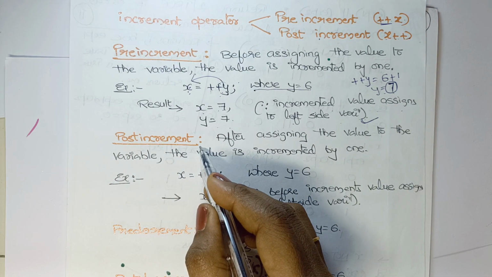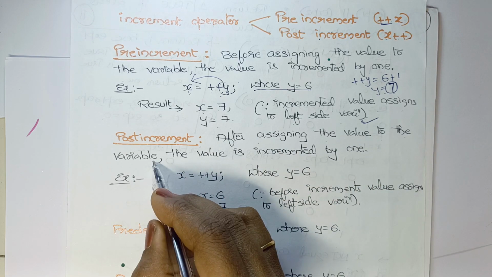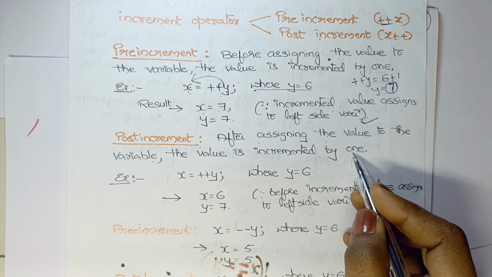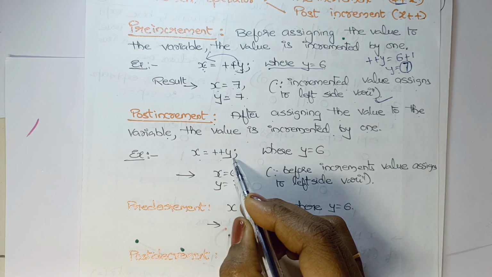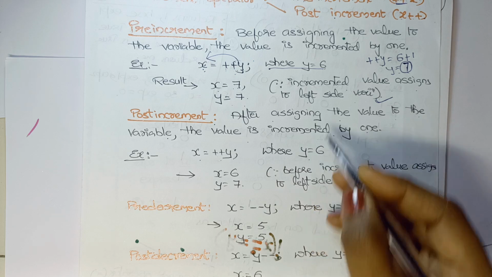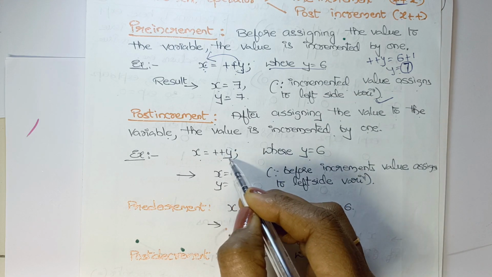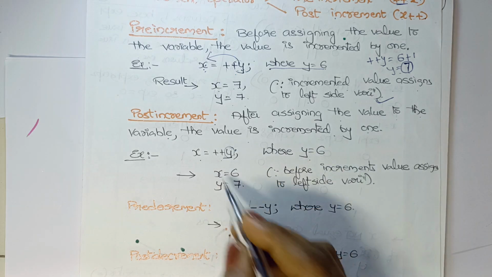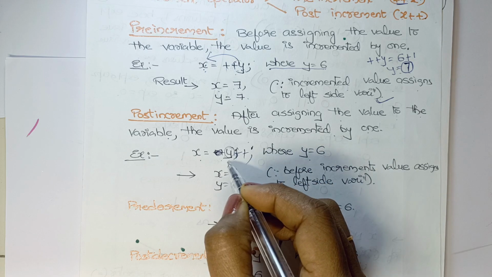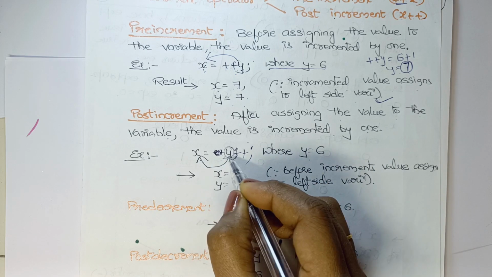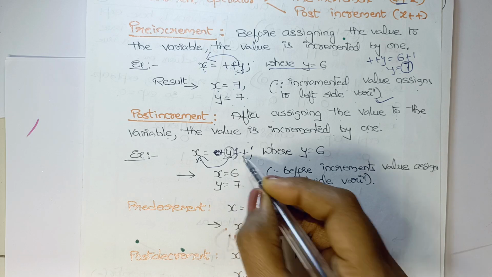Next, post-increment. Post means after assigning the value to the variable, the value is incremented by 1. For example, x is equal to y plus plus, where y is equal to 6. Same example I have taken, sorry, y plus plus. So y plus plus means it first assigns the y value to the left side variable, then it increments the y value.